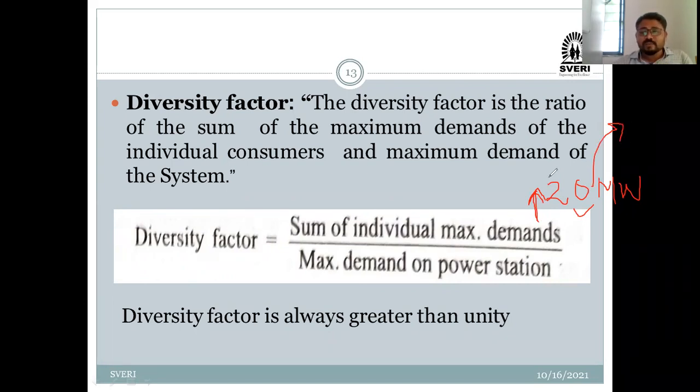But here we have to take the sum of individual maximum demands.